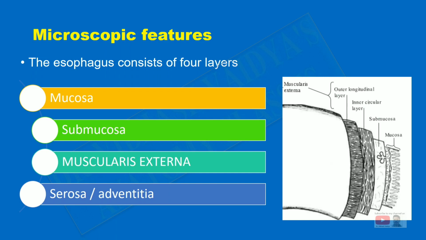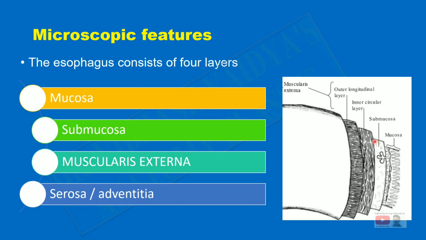Now the microscopic features of the esophagus. So the esophagus mainly consists of 4 layers, as you can see in this picture. From most inner to outer, it consists of 4 important layers. That is, the first inner layer is known as the mucosa.